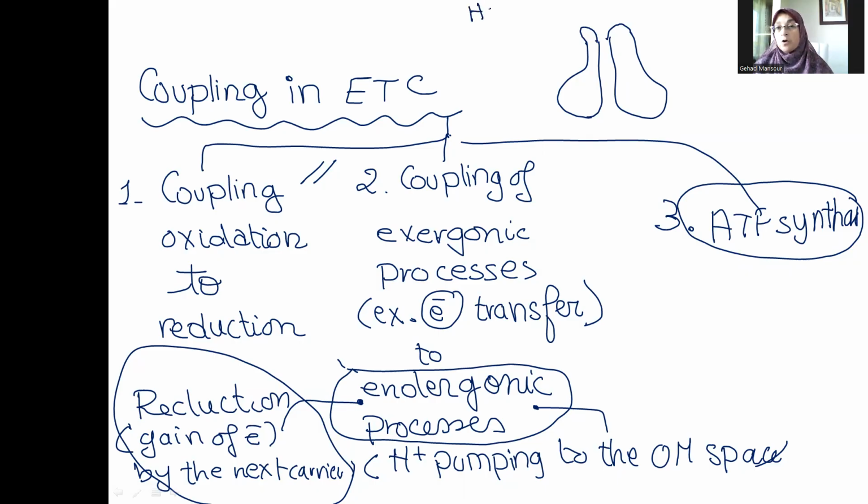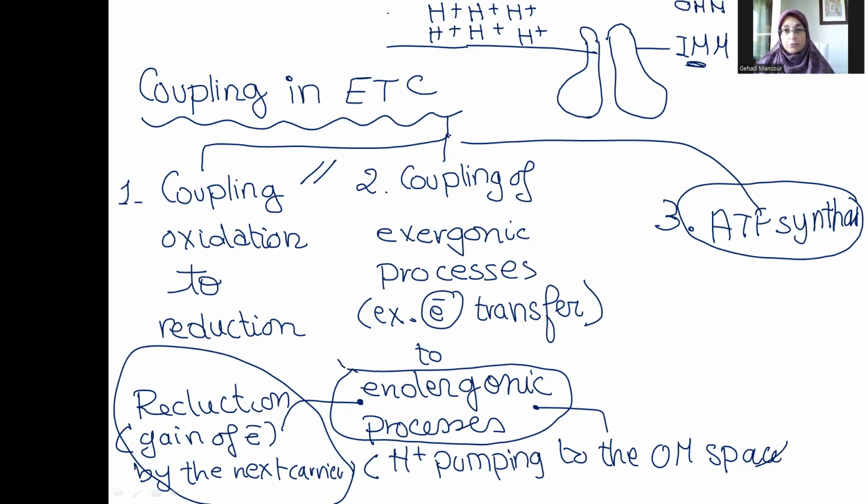Now that you have pumped all the protons into the outer mitochondrial space, this is the inner mitochondrial membrane, and you have accumulated protons in the outer mitochondrial space. When enough protons have been accumulated between the inner mitochondrial membrane and the outer mitochondrial membrane, you now have what we call the electrochemical gradient.